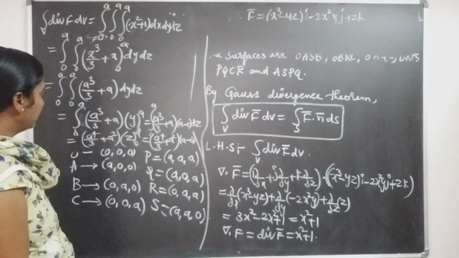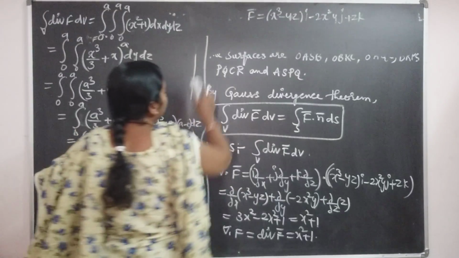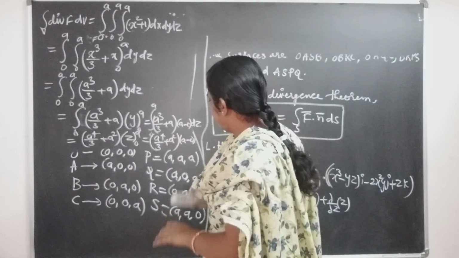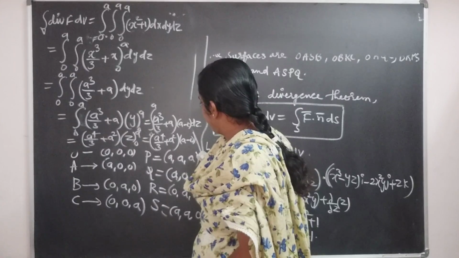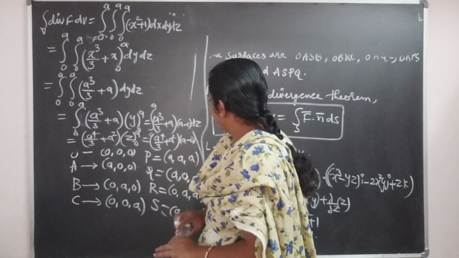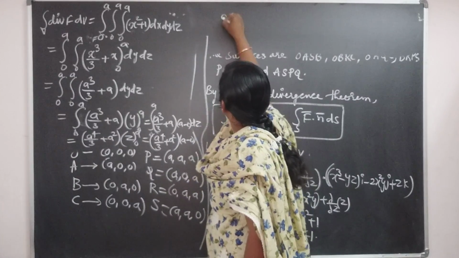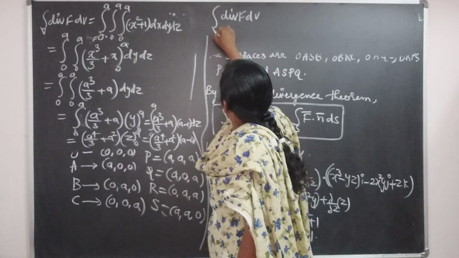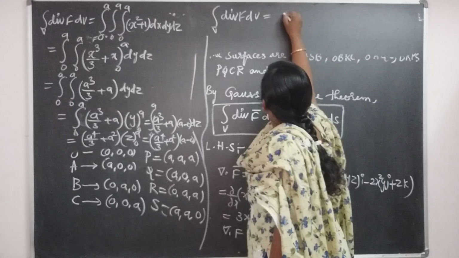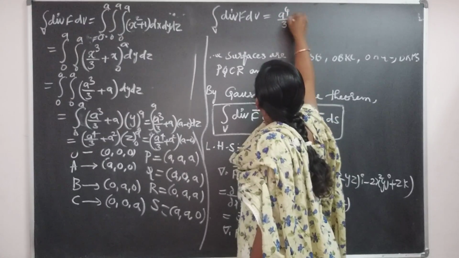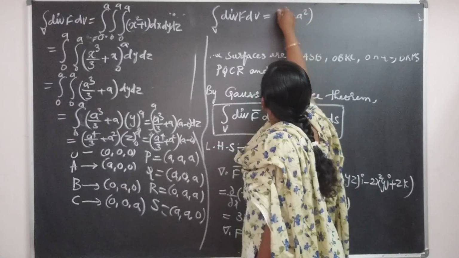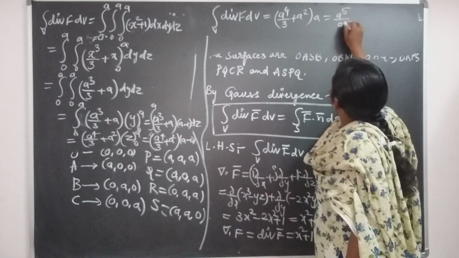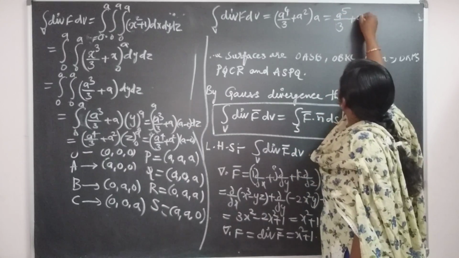It is equal to, that is, div f dv, the volume integral, equal to a power 4 by 3 plus a square into a, that is a power 5 by 3 plus a cube.